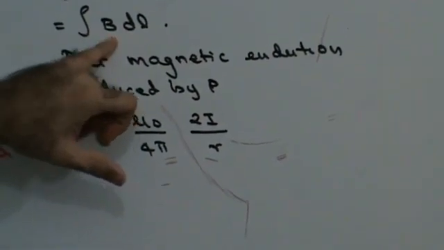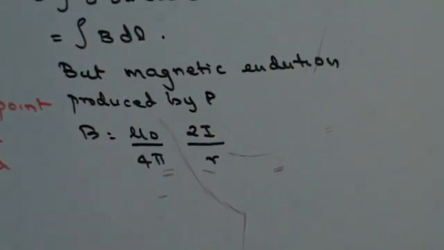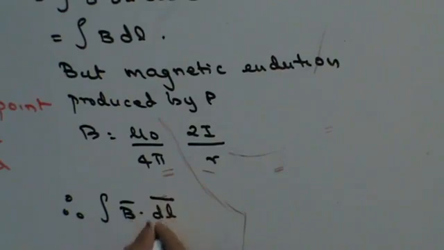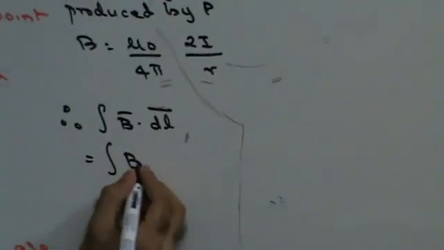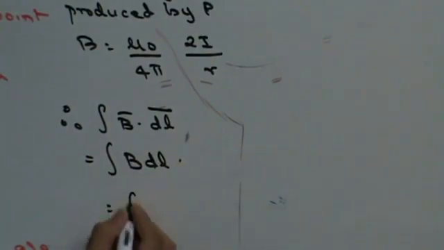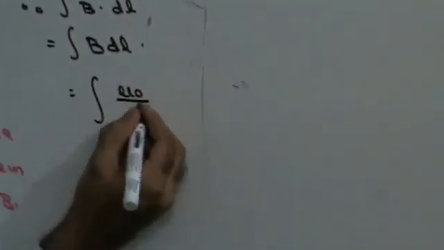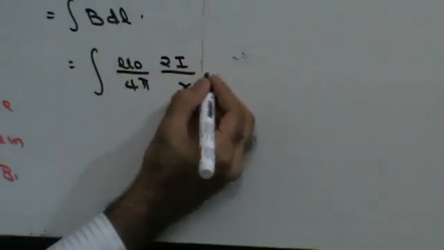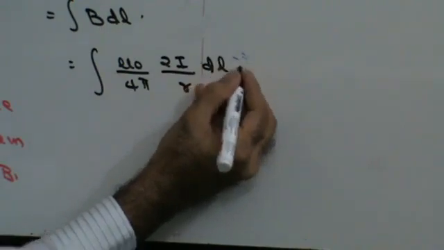Therefore, the integral of B vector dot dl vector is equal to the integral of B dl, which is mu 0 upon 4 pi times 2I upon R into dl.